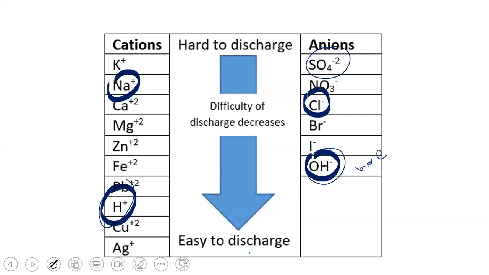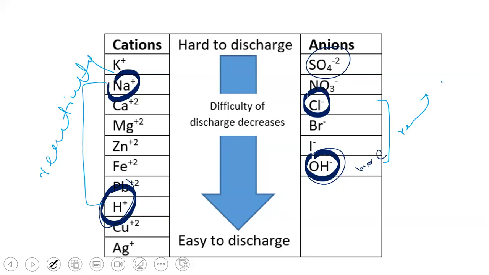There is a reason for that. The reactivity difference between sodium and hydrogen is a lot. But the difference in reactivity between hydroxide and chloride is not that much. They're close to each other, aren't they?